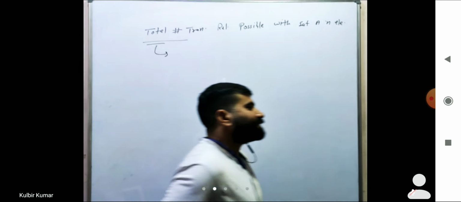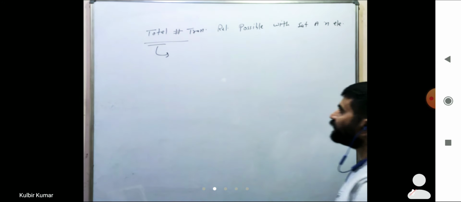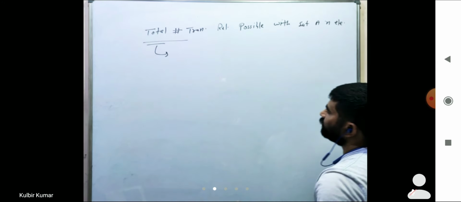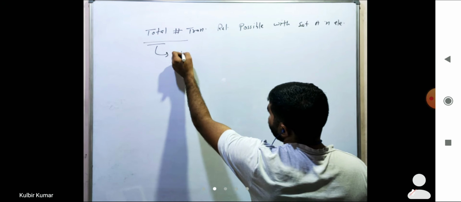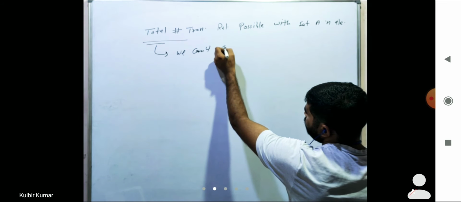So in case of transitive relation, we cannot calculate exactly how many relations will be there.